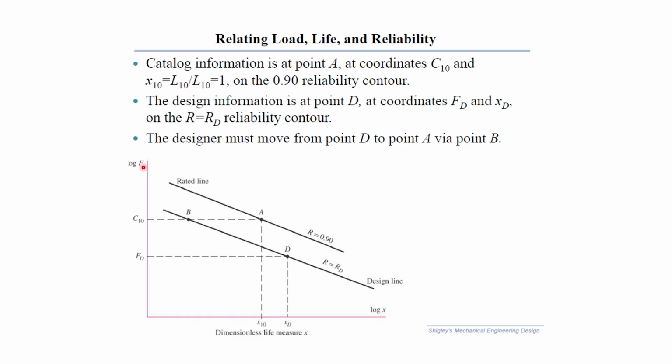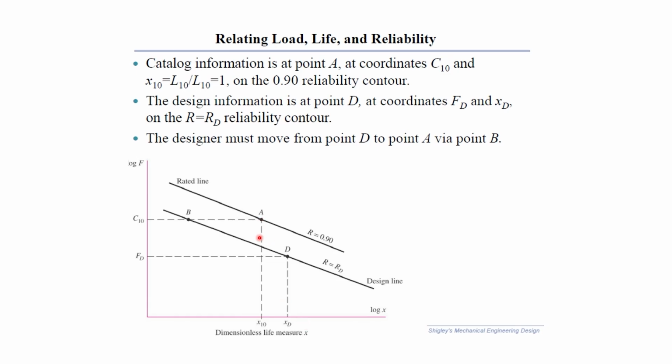In this figure, on the y axis is the log of the force on the bearing, and on the x axis is the dimensionless life measure, which is L divided by L10. So, if we are at point D, then this Xd is Ld divided by Lr.